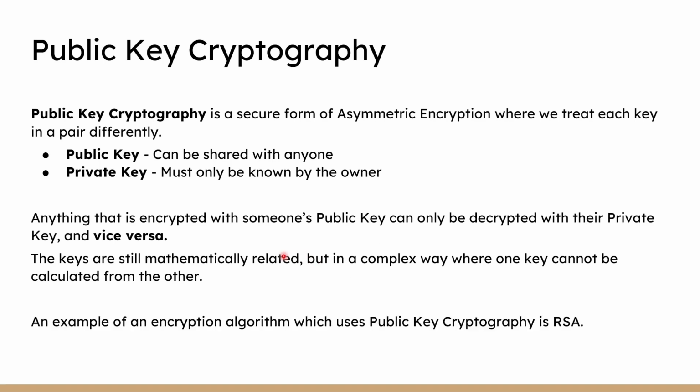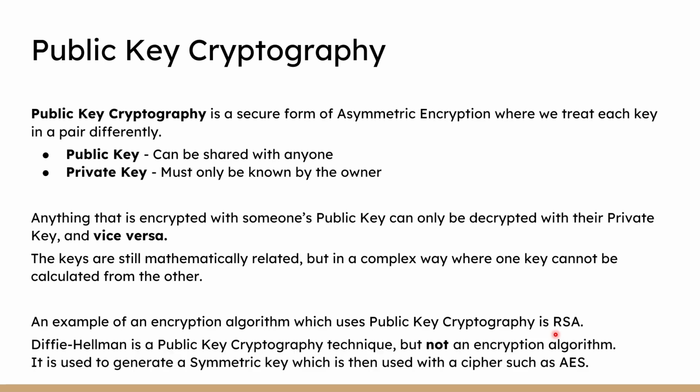So an example of an actual encryption algorithm that uses public key cryptography is RSA. There's a talk on the actual maths of that and how it works. And just a note on Diffie-Hellman, it's classed as a public key cryptography technique, but it's not an encryption algorithm.